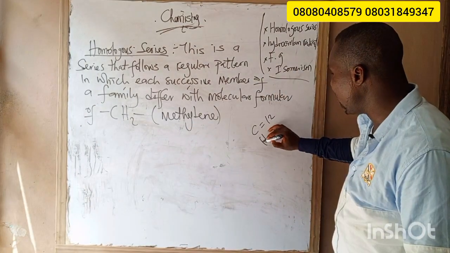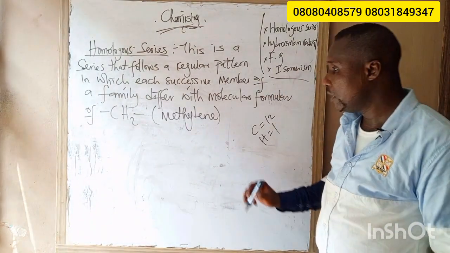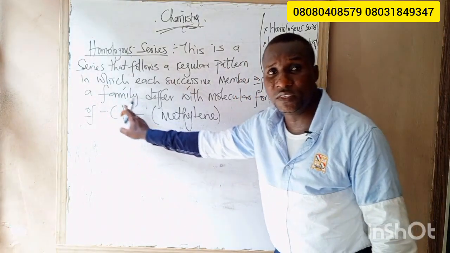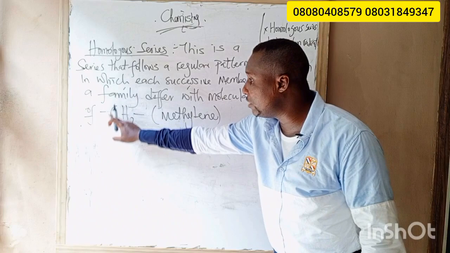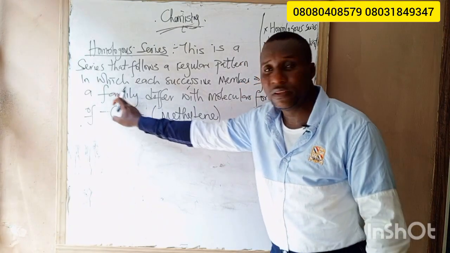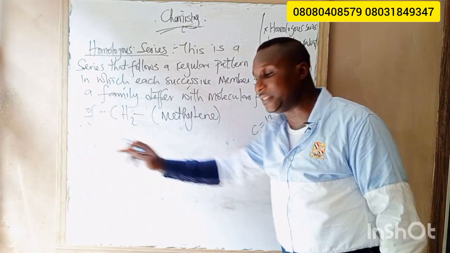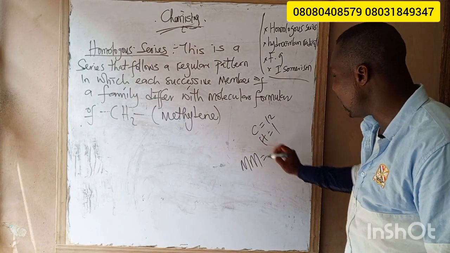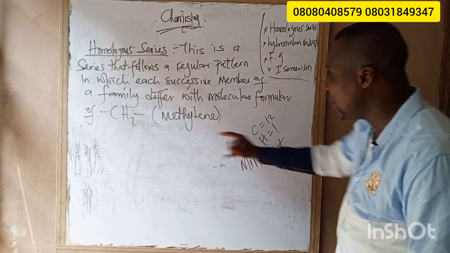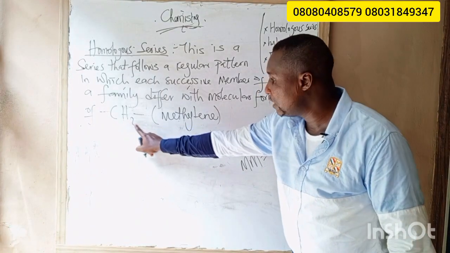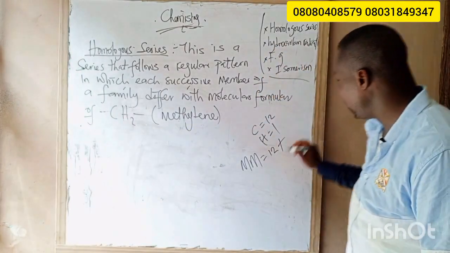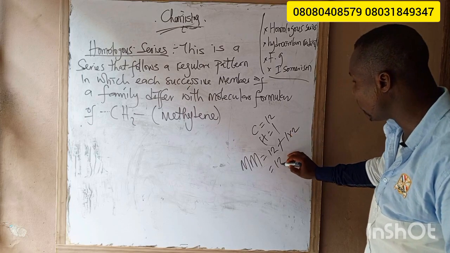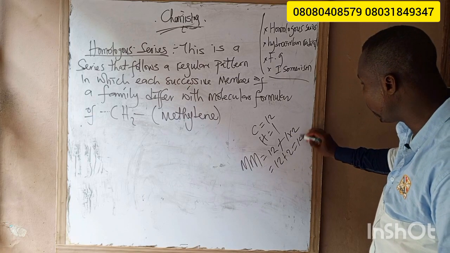The mass number of hydrogen is 1. If you find the molecular mass of this methylene, CH2, carbon is 12 plus hydrogen is 1, and how many hydrogen do I have? 2, that means 1 times 2, which gives 2. Then 12 plus 2 is 14.